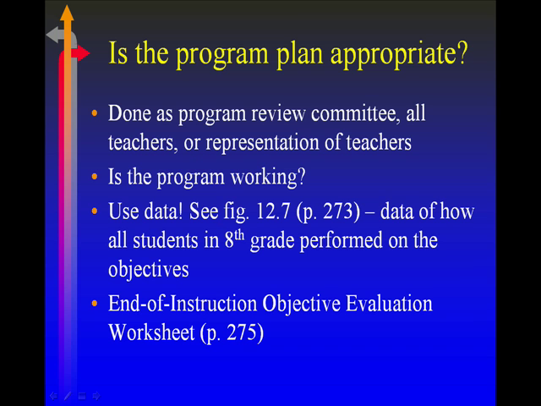Now if you look at page 273, figure 12.7, this is data of how all students in 8th grade performed on the objectives. This gives us a whole bunch of good data.